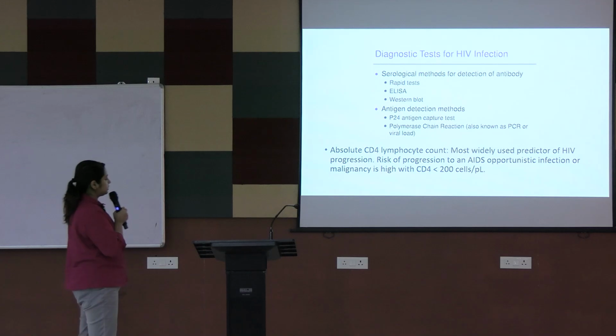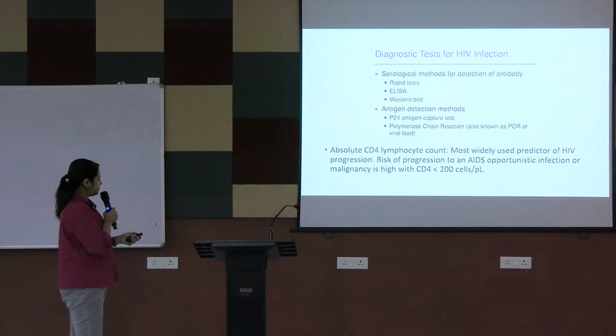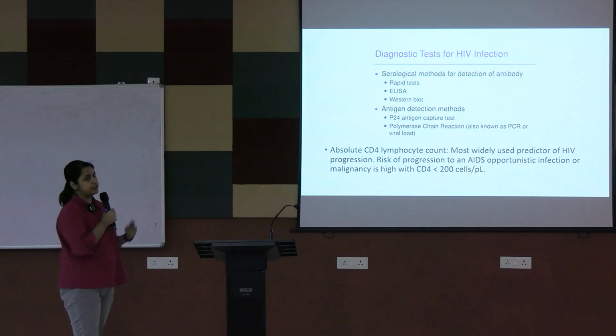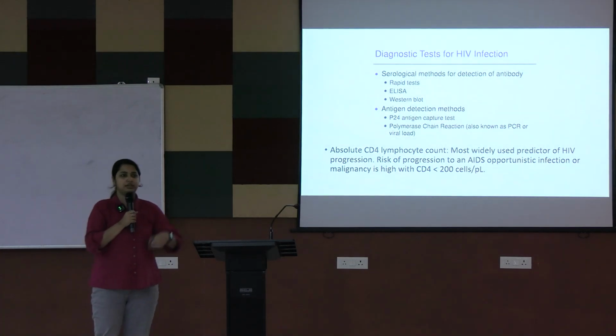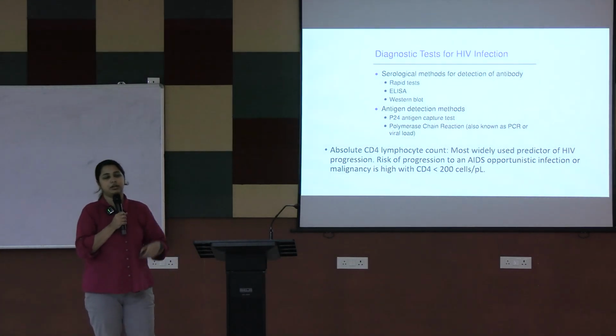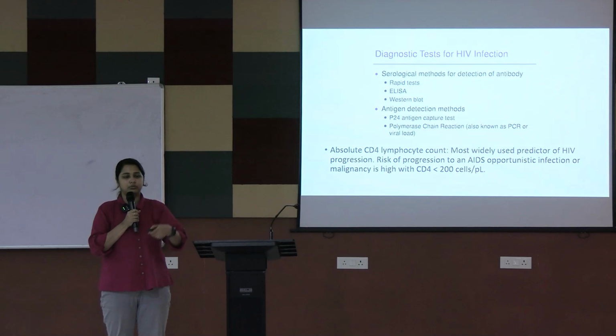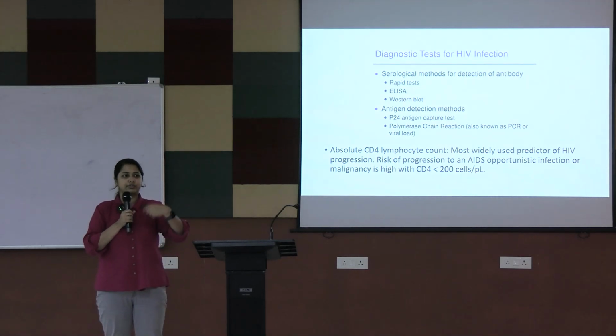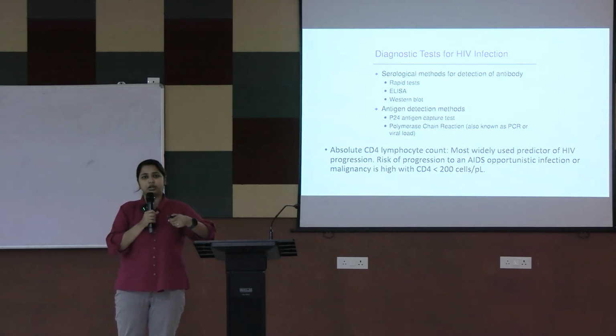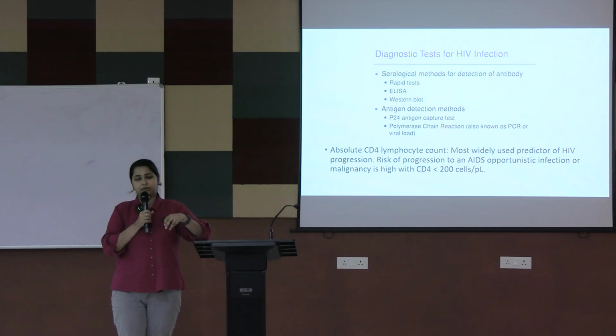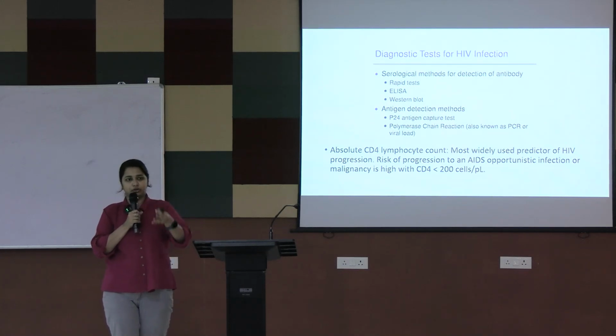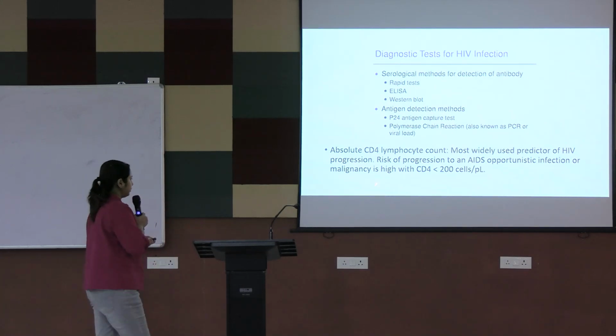Another thing that is also seen is absolute CD4 lymphocyte count, the most widely used predictor for HIV progression. Now if a patient has HIV and you have put them on ART treatment and you are following them with time, you check the CD4 count whether it is increasing or not. So with that you can estimate whether the treatment is having any good effect or not, or the treatment is working or not.